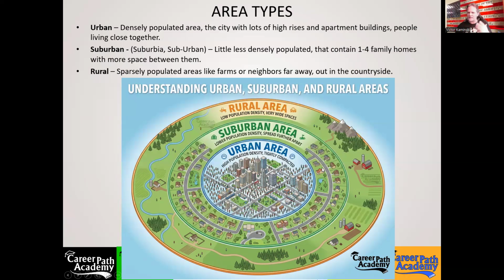It's less high rises and apartment buildings and more 1 and 2 family houses. That's suburban. It's not quite urban, it's suburban. You're still close to cities and all the modern conveniences, but people live a little bit further apart from each other, as you can see in this ring. That's suburban areas.